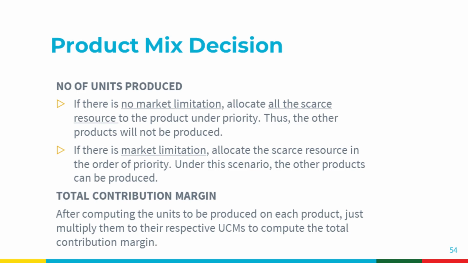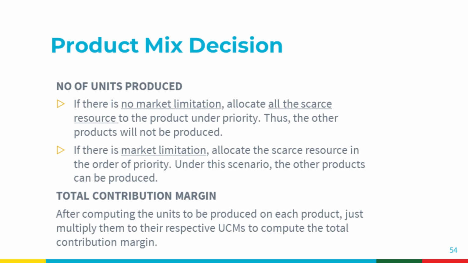Additional rules on product mix decision for the number of units produced. If there is no market limitation, allocate all the scarce resource to the product under priority. Thus, the other products will not be produced. Okay, that's easy to understand. If there is market limitation, allocate the scarce resource in the order of priority.